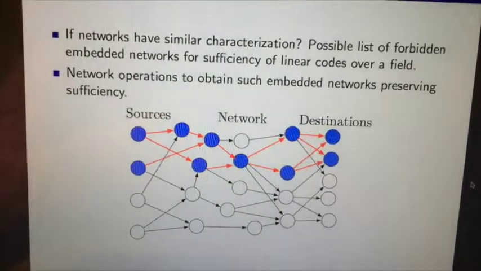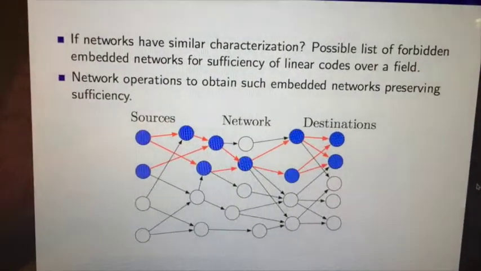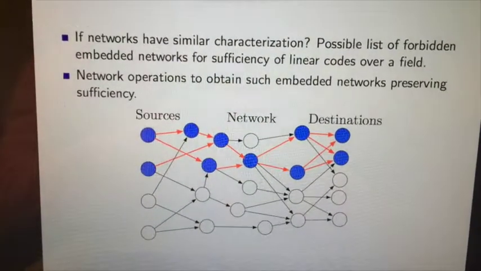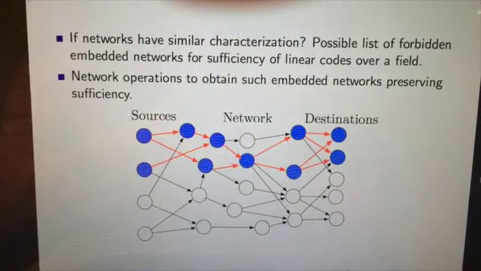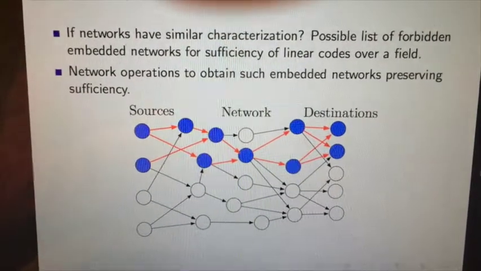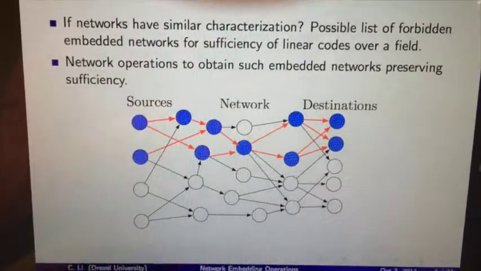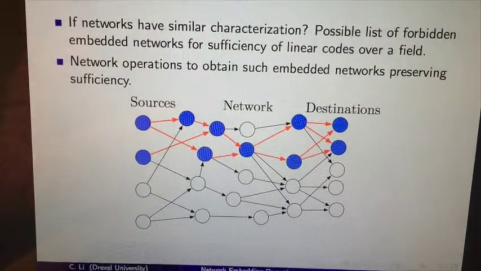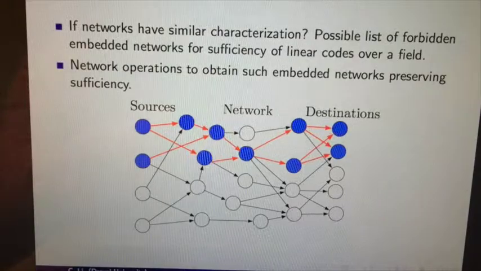This work tries to define some network operations to obtain embedded networks, preserving the sufficiency, so that if a big network is good, the embedded networks are also good. Equivalently, if a small network is bad, its extensions will also be bad.